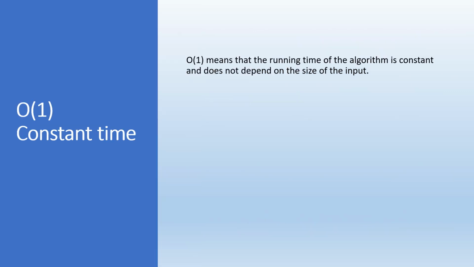Let's start with constant time. What does that mean? As the name suggests, irrespective of how big your input is or how it is growing, the algorithm will produce the output in constant time. Let's take an example.